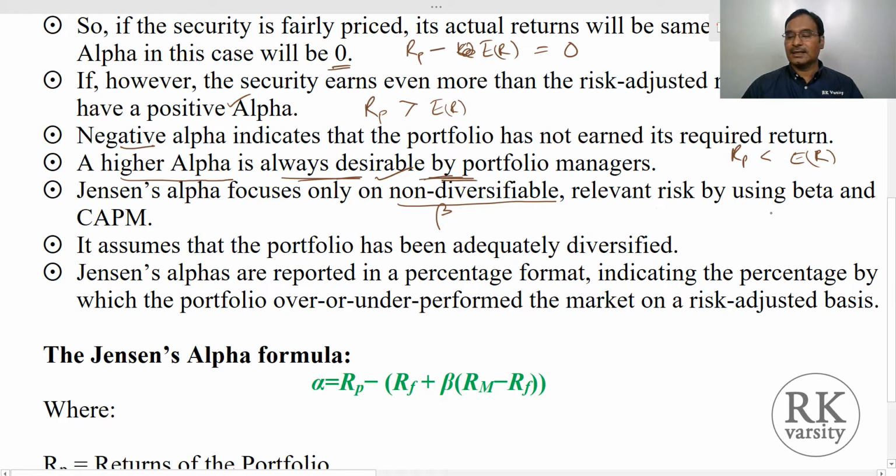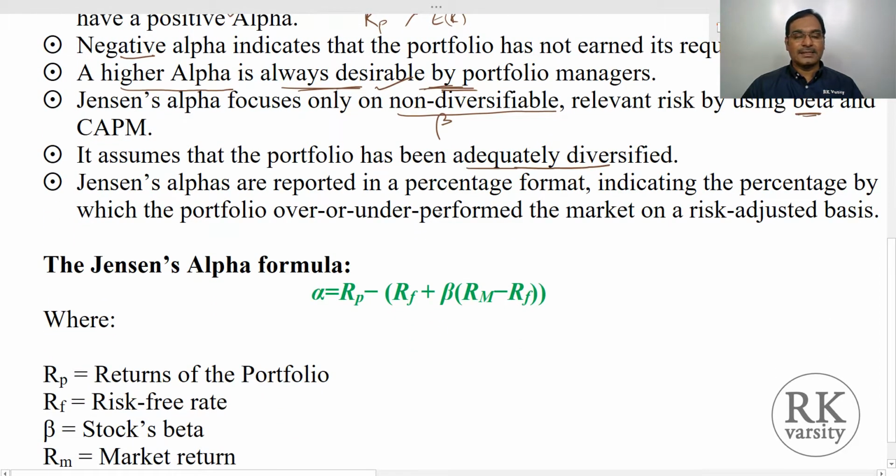This is measured using a beta value in the capital asset pricing model. It assumes that the portfolio has been adequately diversified. This is the assumption that we make. And Jensen's alpha is reported in percentage format, indicating the percentage by which the portfolio over or underperformed. So if your alpha value is positive, we say that it overperformed. And if it is negative, then it underperformed.